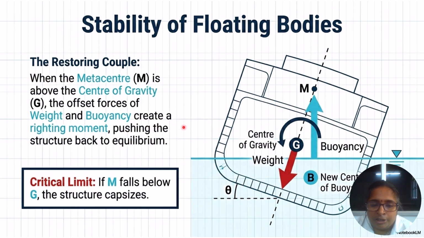The critical point is that if M falls below G, the structure capsizes, that is, the structure fails. M denotes the metacenter, and G denotes the center of gravity.